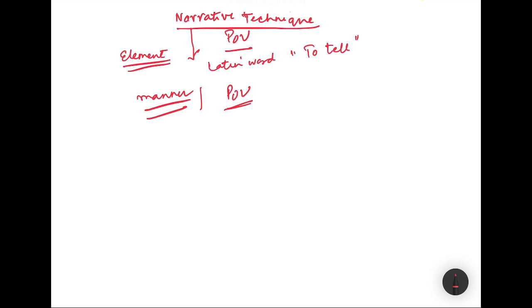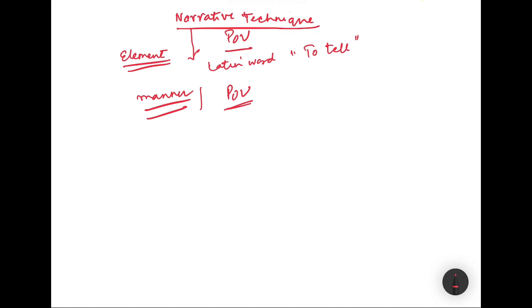Now, a story can be told to us from the perspective of the first person, or second person, or third person point of view. And narrative is called as per the point of view of the narrator.